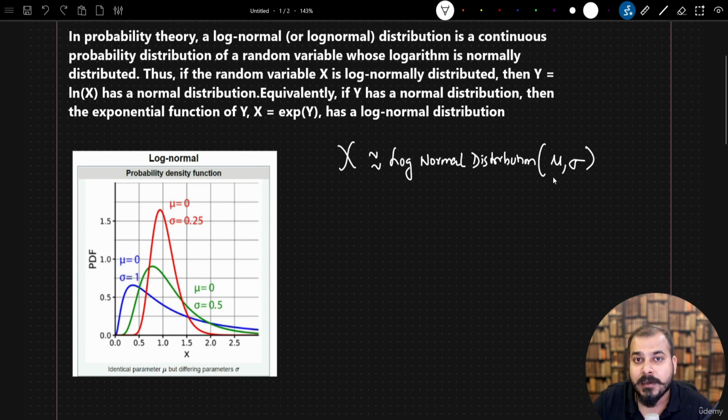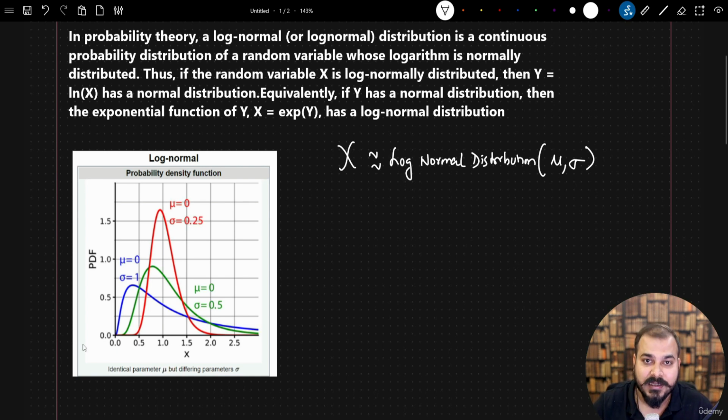And whenever we talk about log normal distribution, one thing you need to understand, on the left hand side I have displayed a figure. In all these distributions, you can see over here the mean is constant, like 0. But with respect to the other curves, the standard deviation is changing.